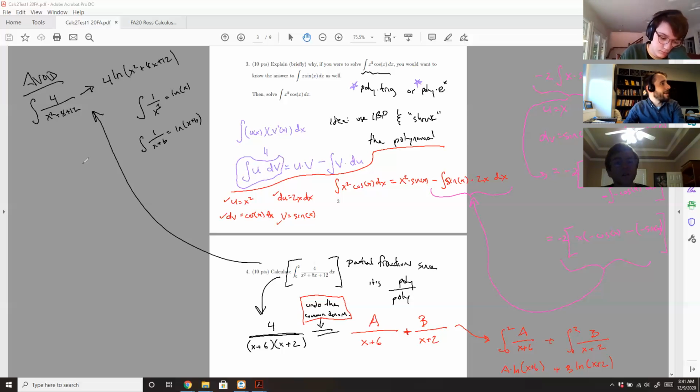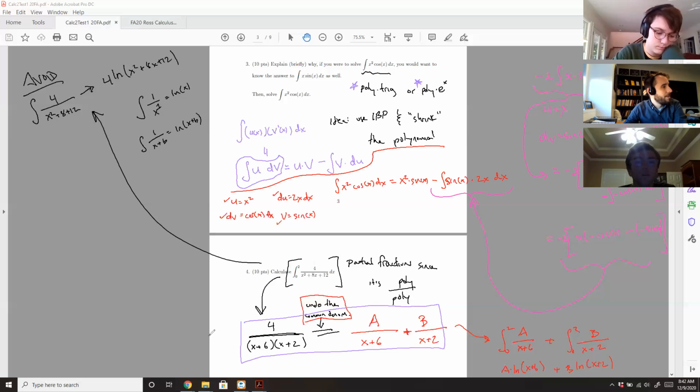So we have to go through this partial fraction process. And when we do, let's talk through very briefly how to get the A and the B. We're going to take this equation and multiply the entire equation by x plus 6 times x plus 2.